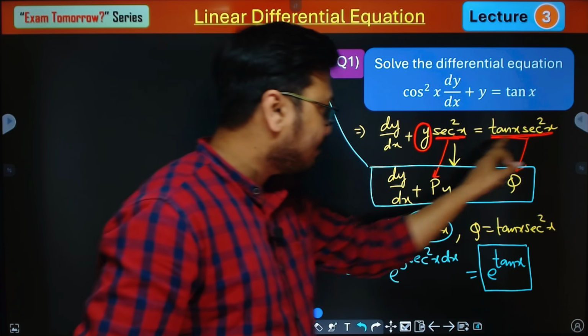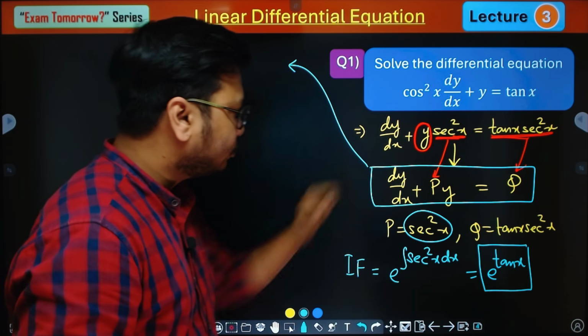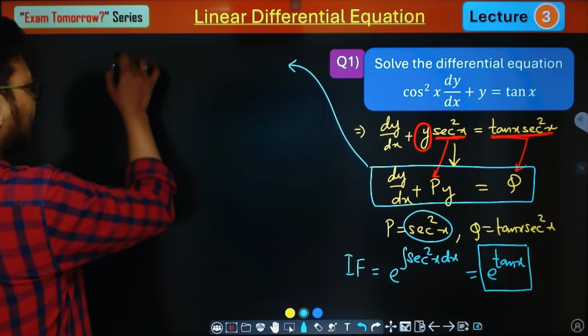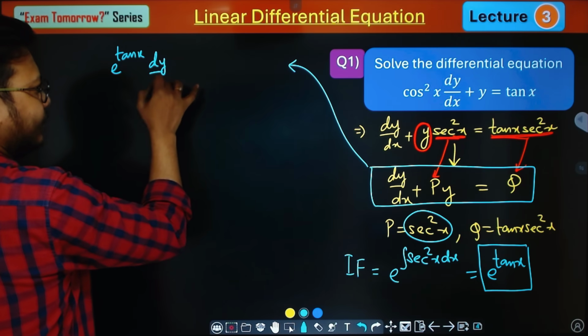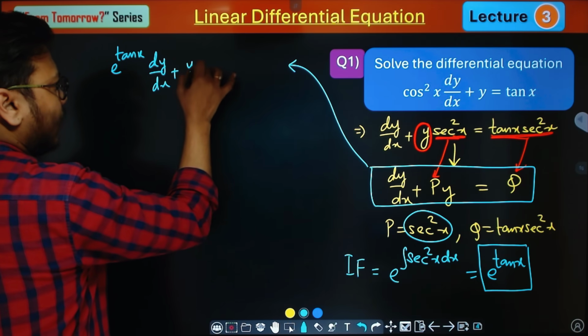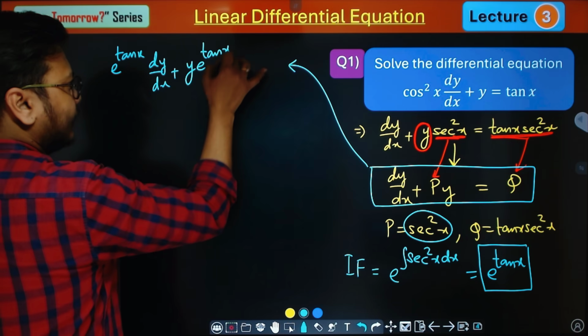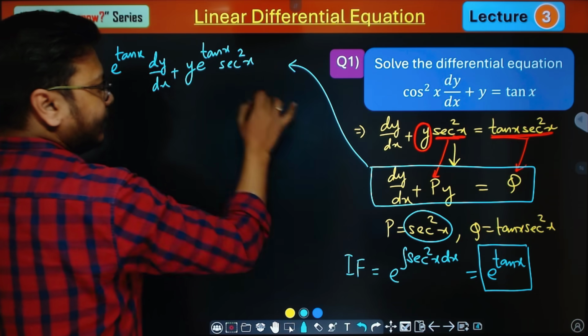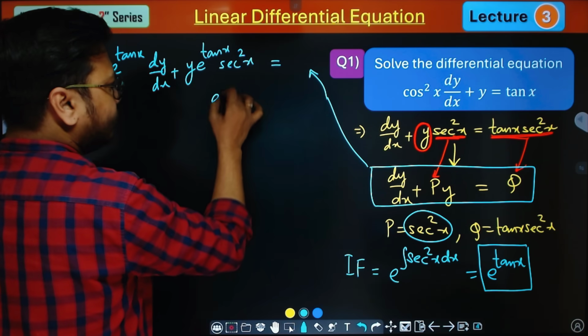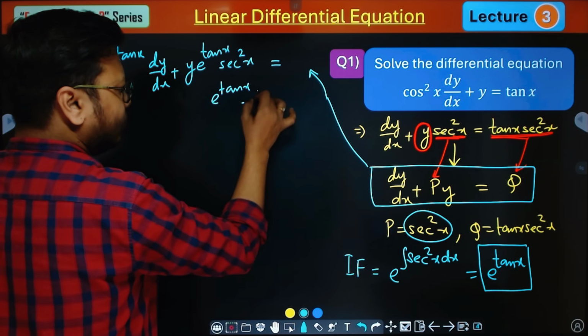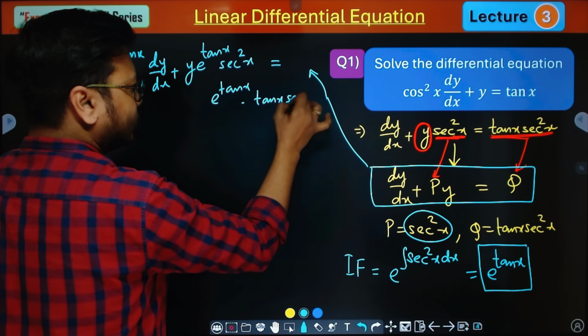So if I multiply the integrating factor to this line, it becomes e to the power tan x dy dx plus y e to the power tan x sec square x equals, my right hand side would become e to the power tan x into tan x sec square x.